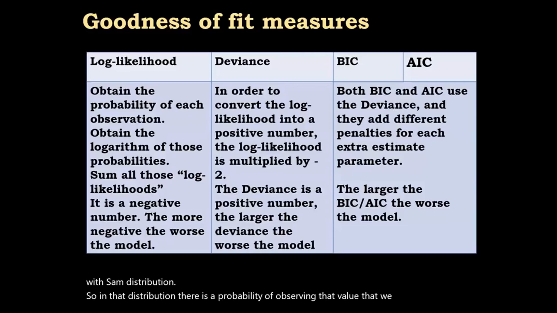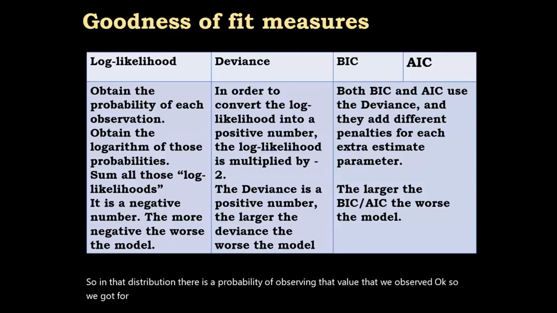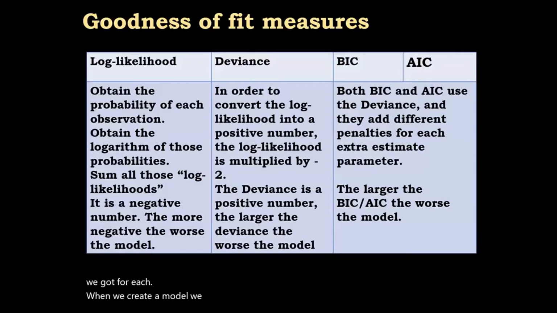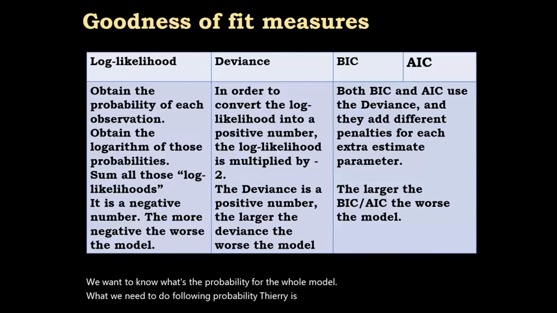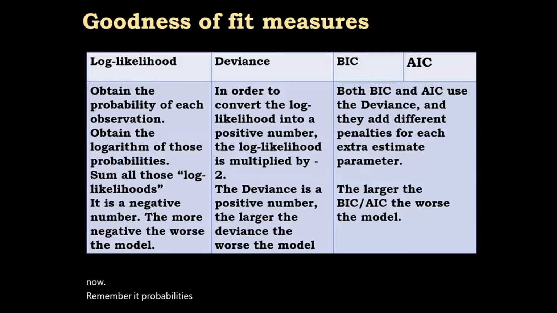Okay, so when we create a model, we get for each of the observations one probability associated to it. So now we want to know what's the probability for the whole model. Well, what we need to do following probability theory is to multiply all the individual probabilities. Now, remember, probabilities are values between 0 and 1.